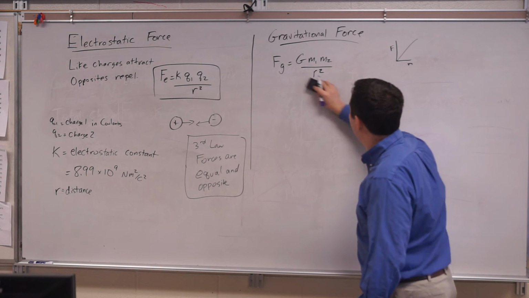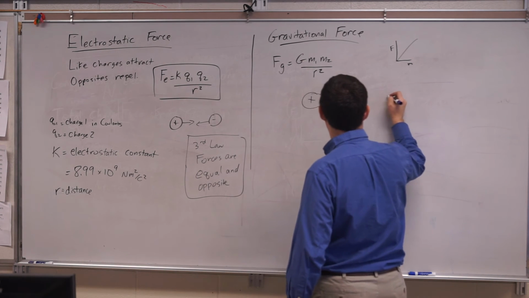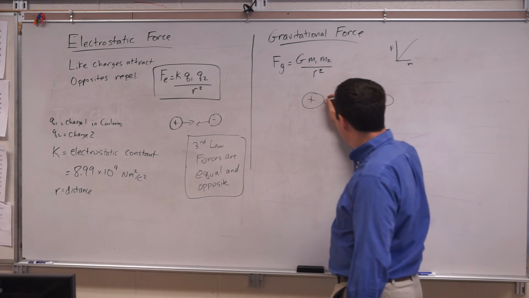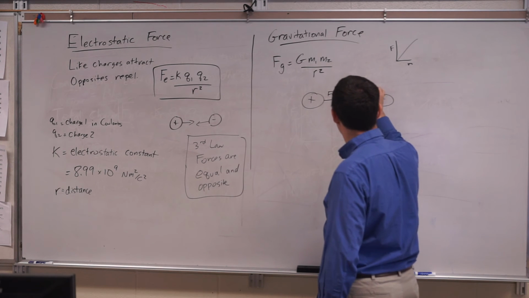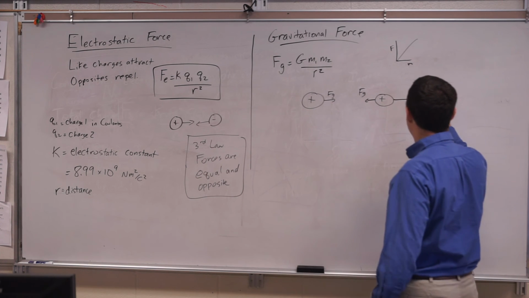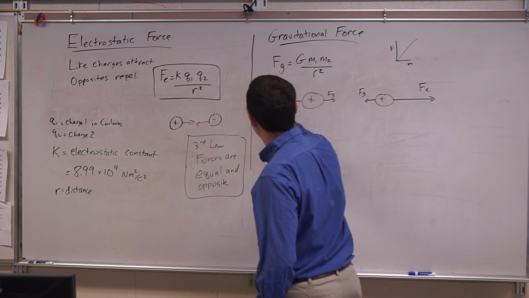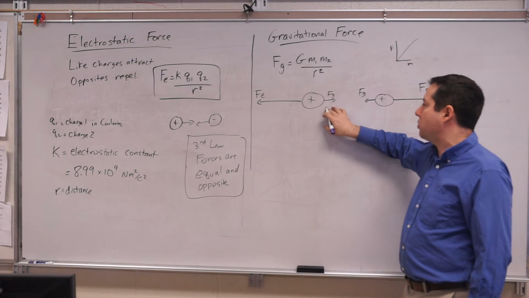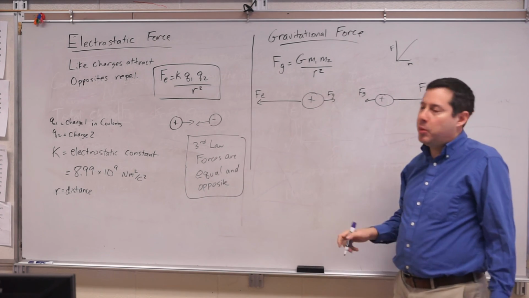For example, if we had a positive charge and a positive charge, and we looked at the forces on them, they're both going to have a small gravitational force, F sub g, that's attractive towards each other, but they're both going to have a much bigger repulsive force, and these are not to scale. The F sub g would actually be much smaller than this, probably. So they would repel each other, and the forces would be in opposite directions.